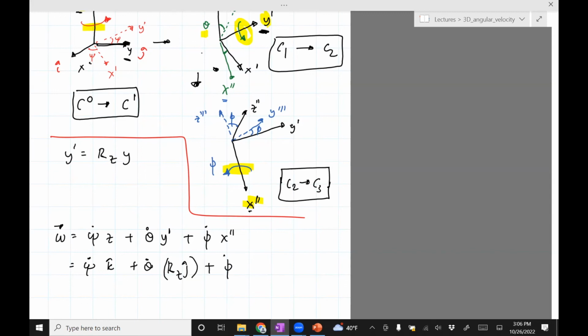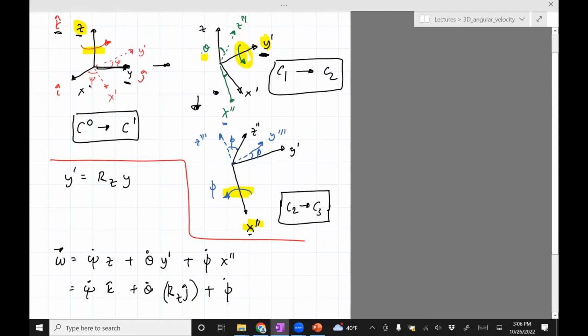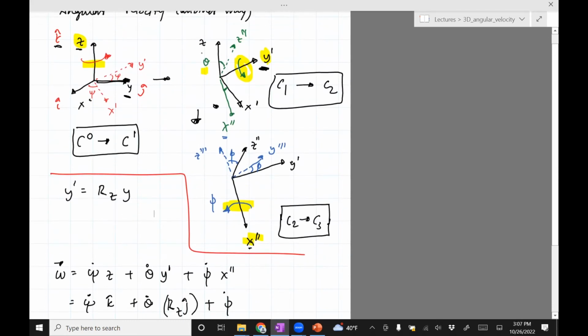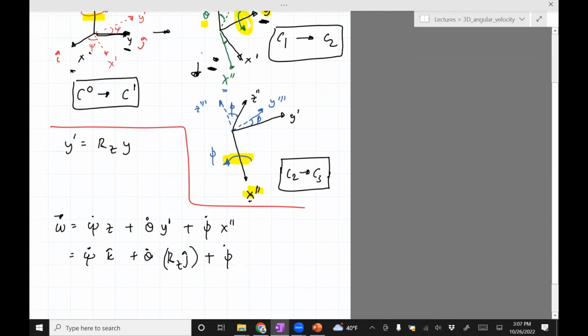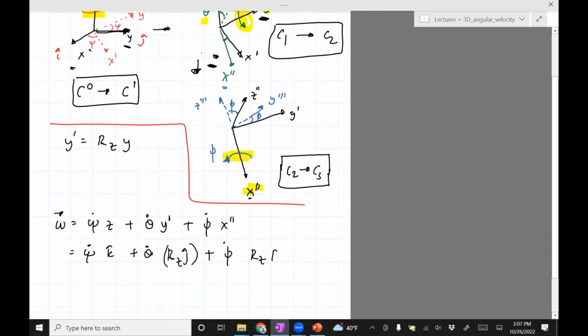plus phi dot. Now for x, if I want x, I need to go through this frame and this frame, but this one is rotation about the y-axis, and then I need to do rotation about the z-axis. So that boils down to saying Rz, Ry.